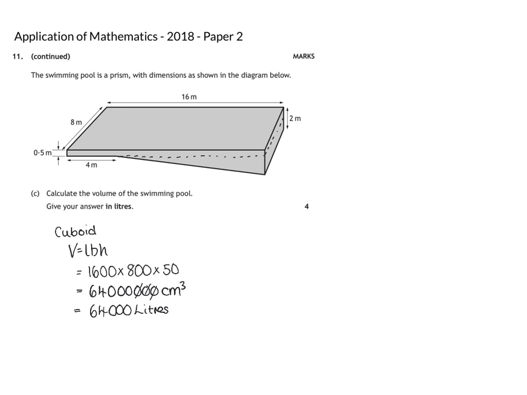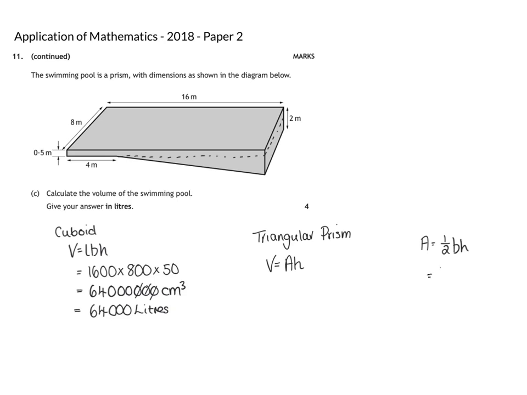Right, so then our triangular prism. For a triangular prism we have volume is area times height. That's for every prism, and for any triangle, area is a half base times height. So we need to work out those measurements. So our height is this bit here, so if we look, it's 4 metres before it starts, and the whole thing is 16.